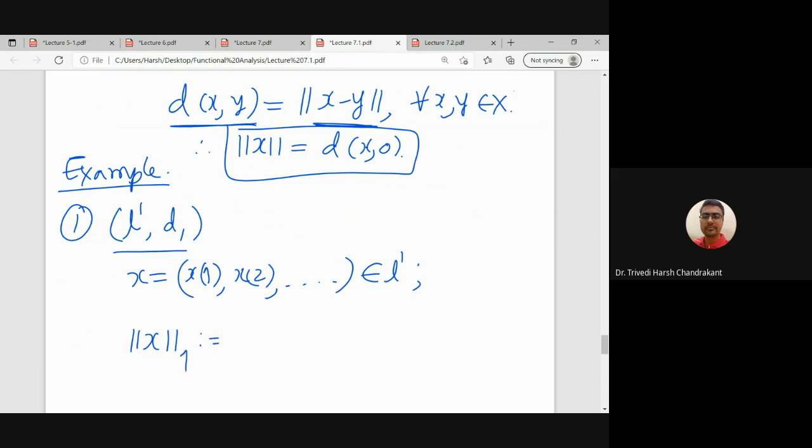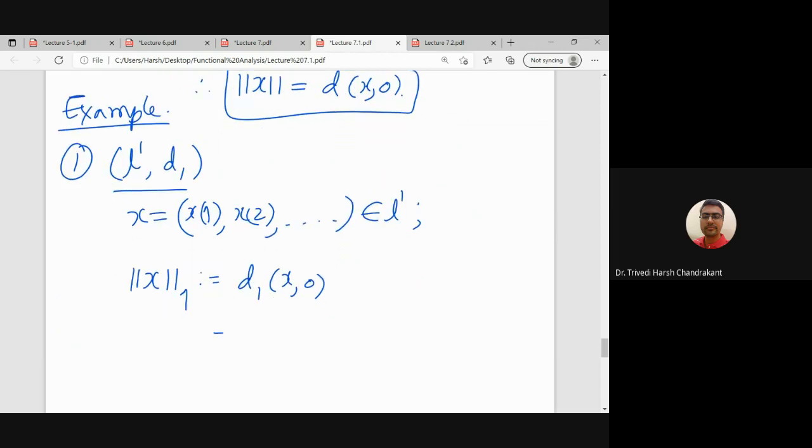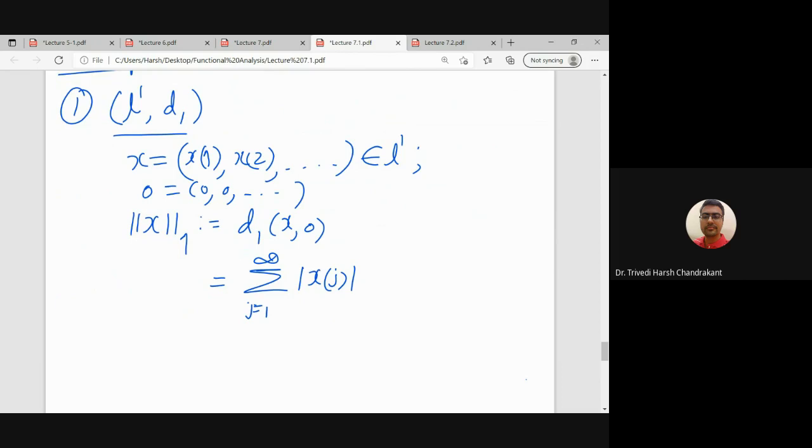That is defined as d1 of x with 0. So 0 means the zero sequence, right? That we already know. That is, all entries are 0. So by definition, this is the sum of modulus xj minus 0, that is modulus xj, j running from 1 to infinity. So this is one norm, basically.